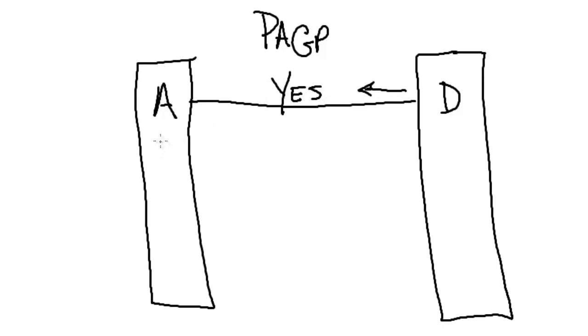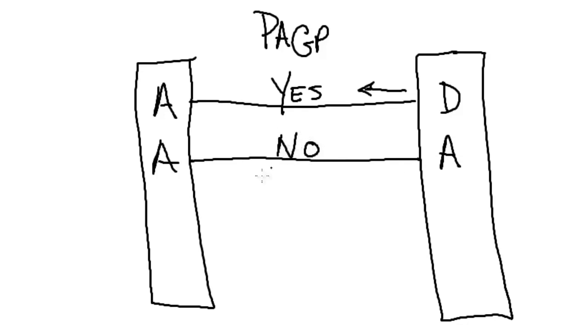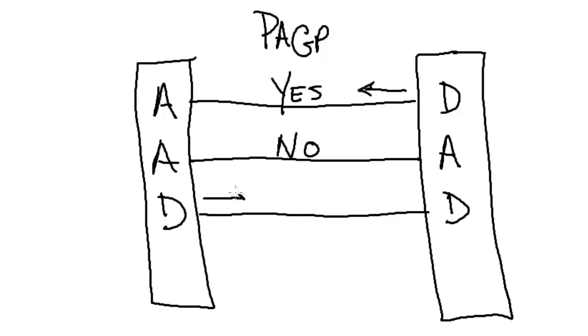The next configuration is to have one side as auto and the other side as auto. No initiation packet is sent. They're both passively waiting and no EtherChannel is formed. Next, we have one side as desirable and the other side as desirable, and initiation packets are sent by both and received by both, and yes, an EtherChannel will form.